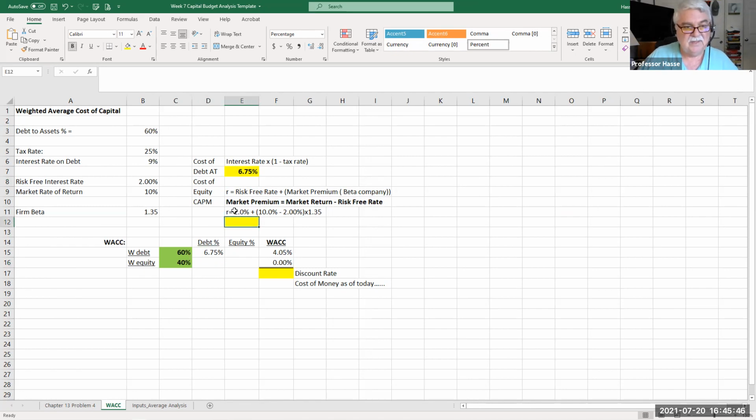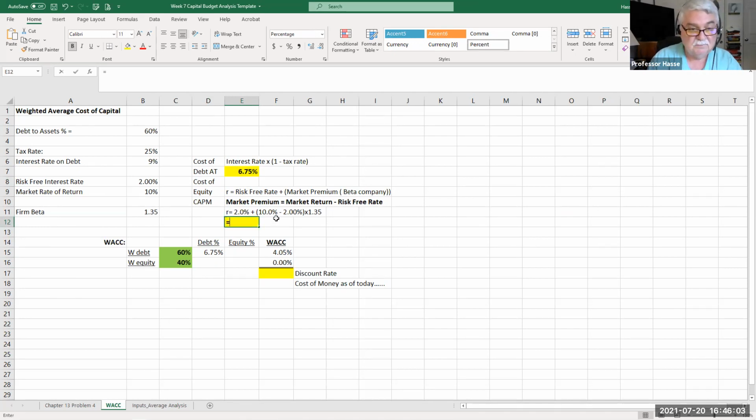Our cost of equity is the risk-free rate, 2%, plus the market premium. Now, remember what I just said, the market rate of return is 10, so the market premium is 10% minus 2, the risk-free rate, which is 8%, times 1.35.